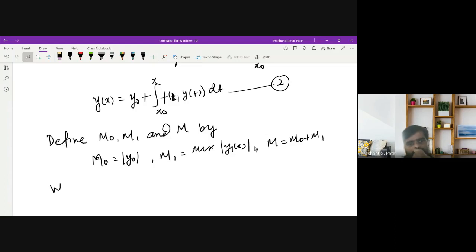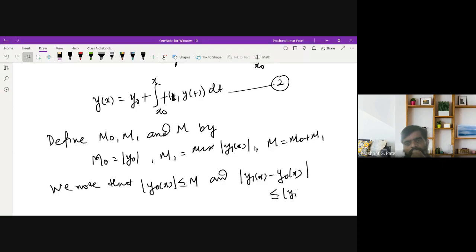And we note that mod of y0 is less than or equal to M, and mod of y1 of x minus y0 of x, according to the triangle inequality, is at most mod of y1 of x plus mod of y0, and as per this, M1 is the maximum of y1 and M0 is mod of y0.